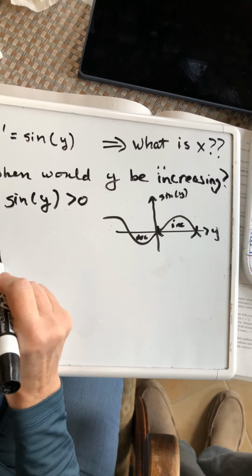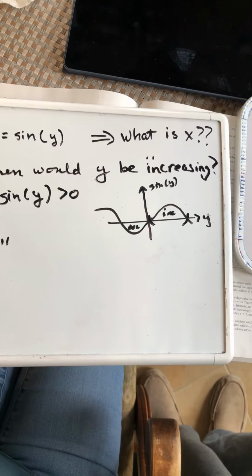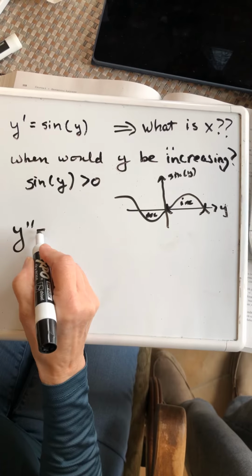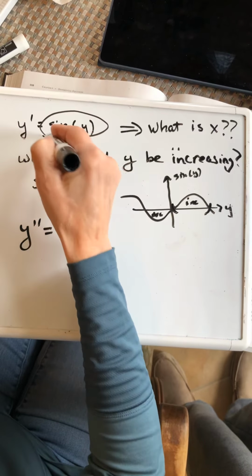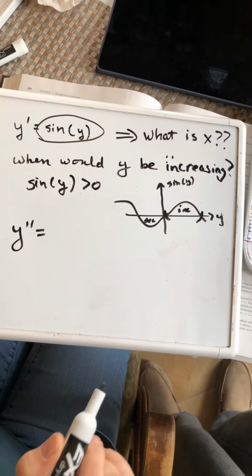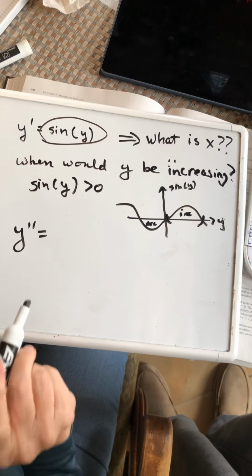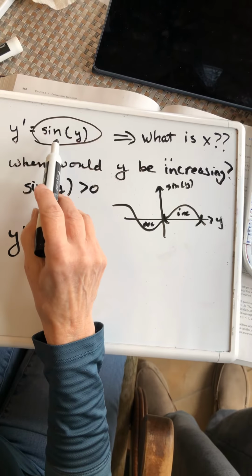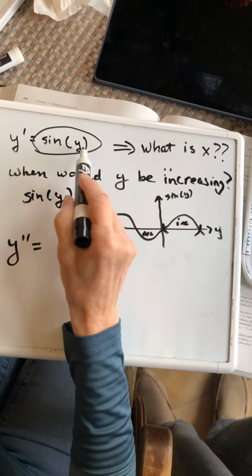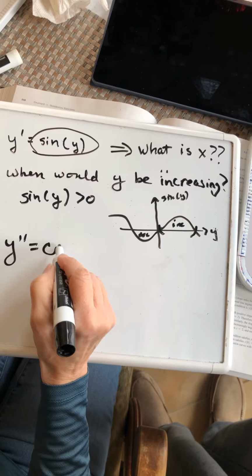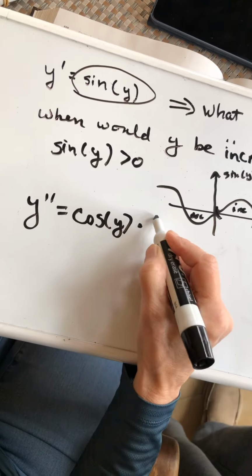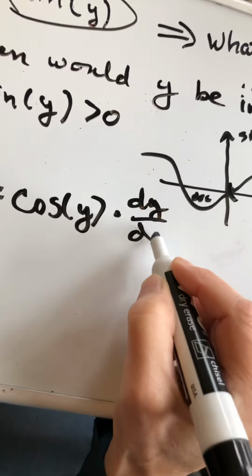We can actually take, and this is a nice review for you, the second derivative to find out about concavity here. If we take the derivative, implicit differentiation, so be prepared here. If I take the derivative of the first derivative with respect to x, the derivative of the sine of y will be the cosine of y, but then the chain rule says I need to multiply by dy dx.